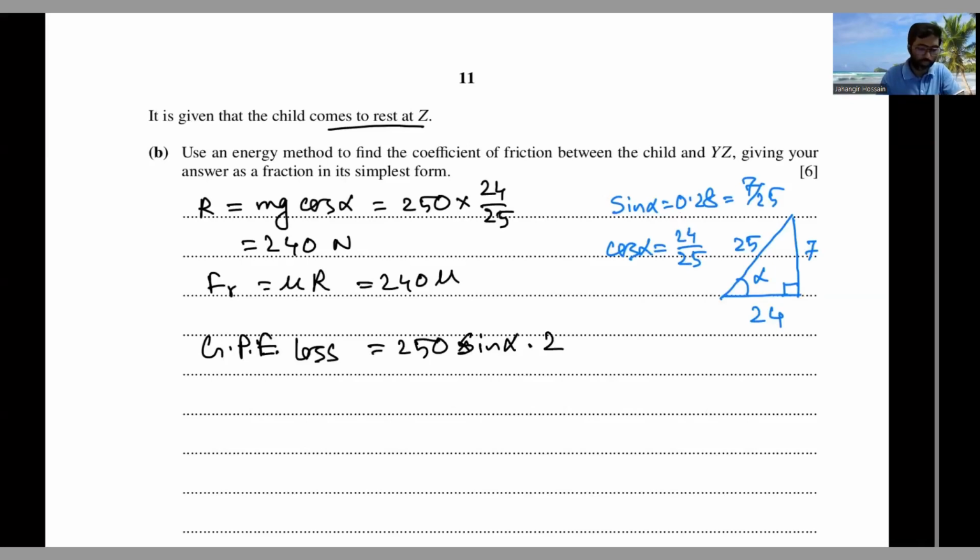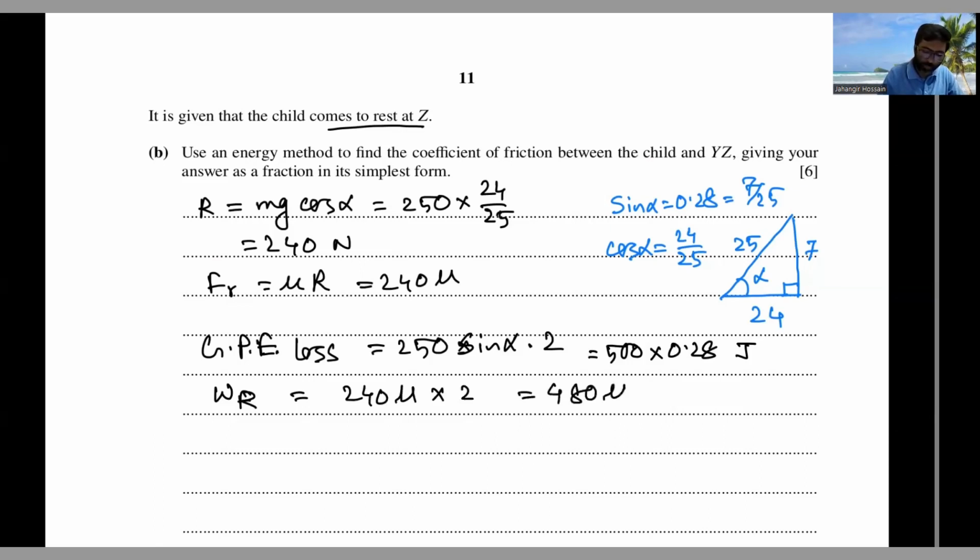So sin alpha is 0.28, so 500 into 0.28. Then we have work against friction, which is friction into the distance, 480 mu.